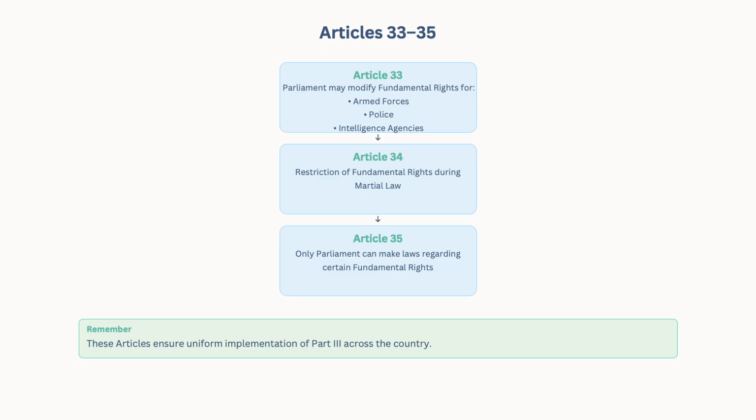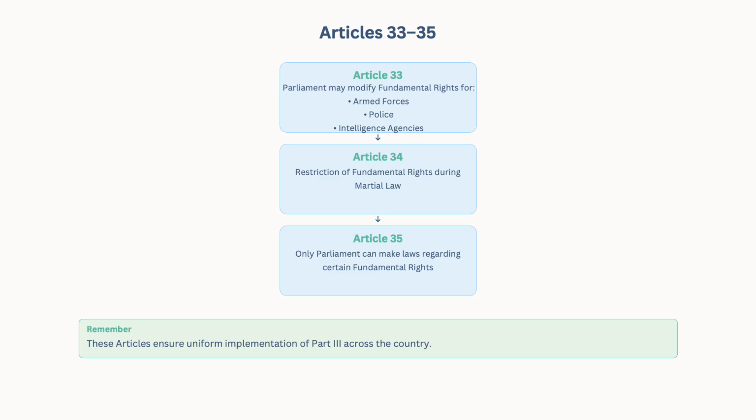And in Article 34, we have the restriction of fundamental rights during martial law. Again, during martial law, certain fundamental rights can be restricted. And Article 35, only Parliament can make laws regarding certain fundamental rights. It gives power to the Indian Parliament to make changes to fundamental rights.